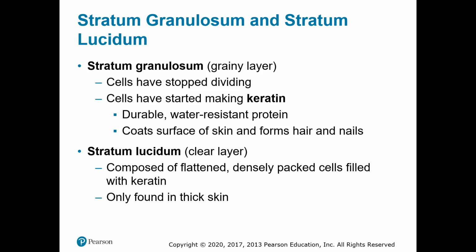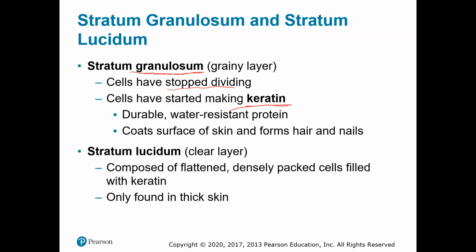And after the stratum spinosum, you would enter the stratum granulosum. It's called granulosum because under the microscope it appears grainy. Here the cells have stopped dividing and started making keratin. Keratin is a protein that coats the surface of skin, and it also forms the hair and the nails.